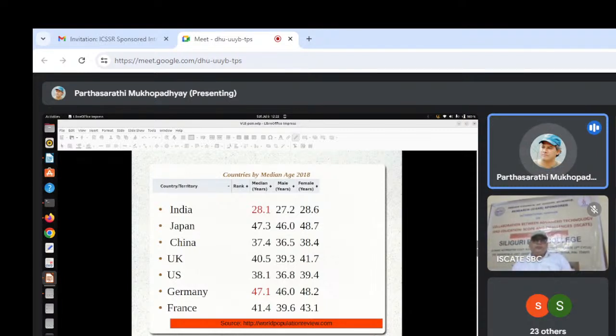It's a very interesting fact that this 28.1, we still have not touched the bottom. It's still decreasing, and by 2028 India will hit the bottommost figure, 26.1. We will be the youngest nation of the world by 2028. There will be a youth tsunami.